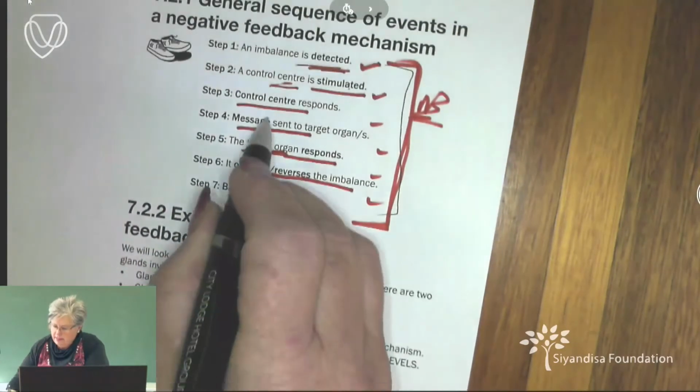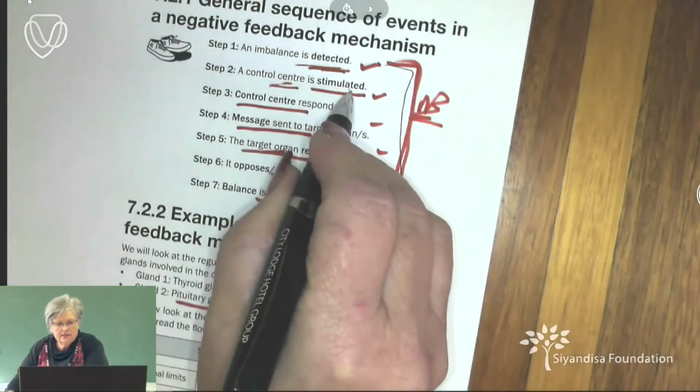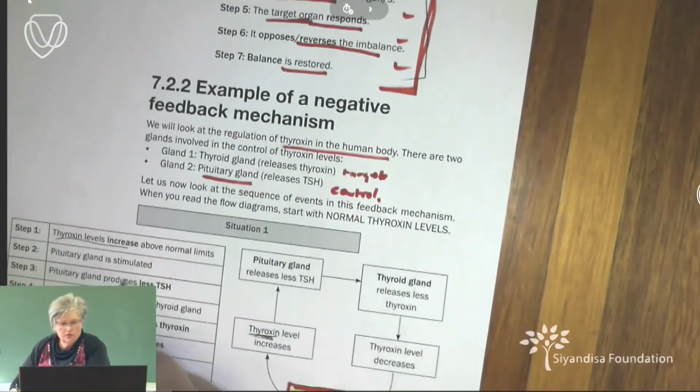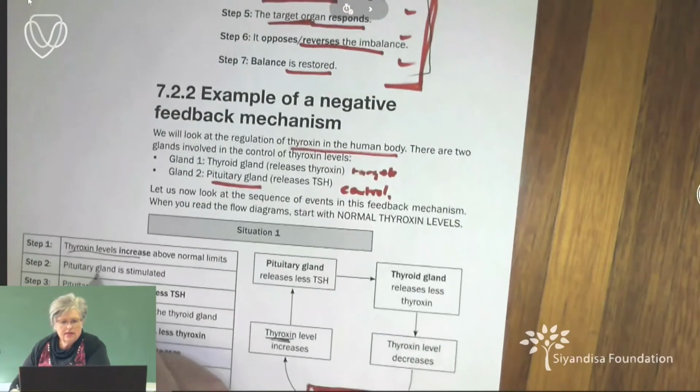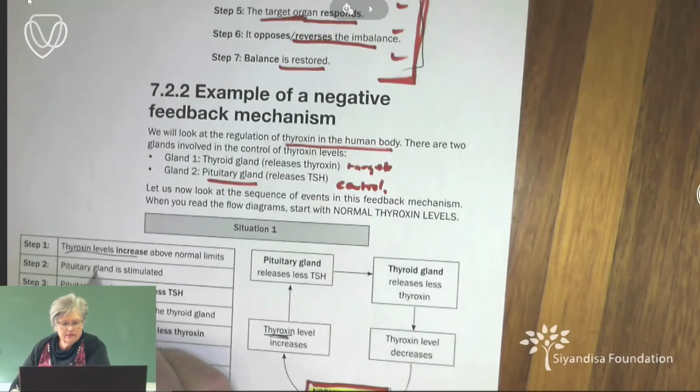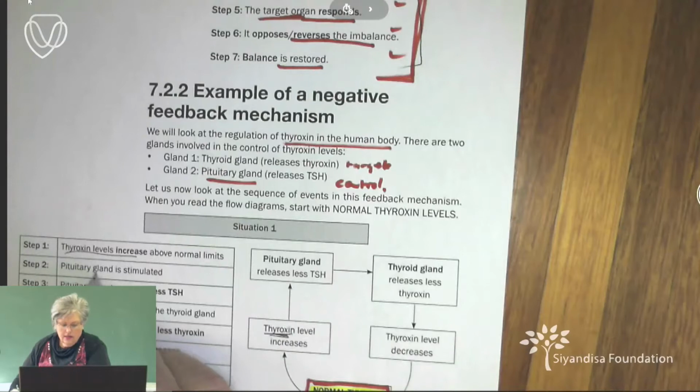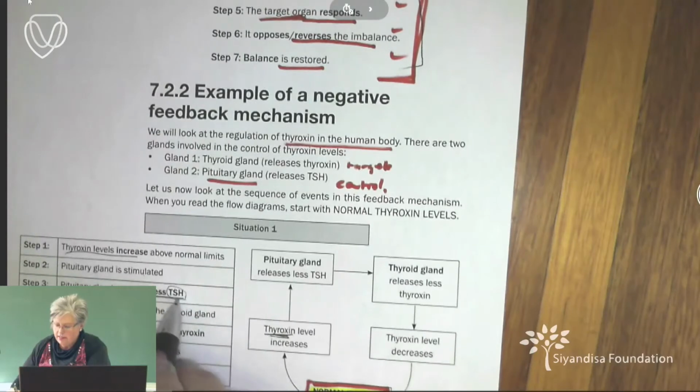what happens next? The control center is stimulated. What is the control center? The control center is the pituitary gland, or the hypophysis. The pituitary gland is stimulated. What will it do? It will produce less TSH. Why less?